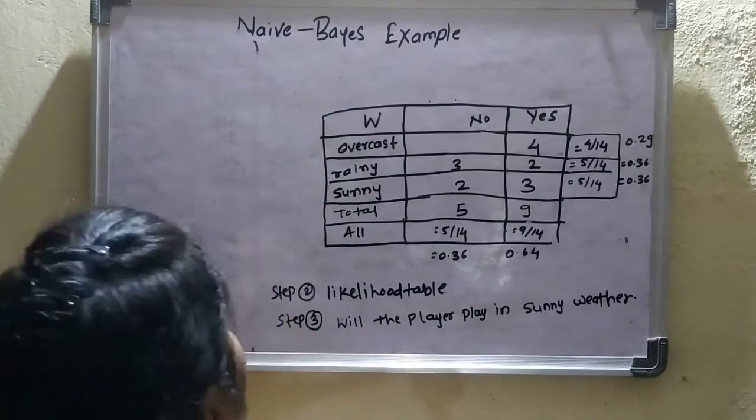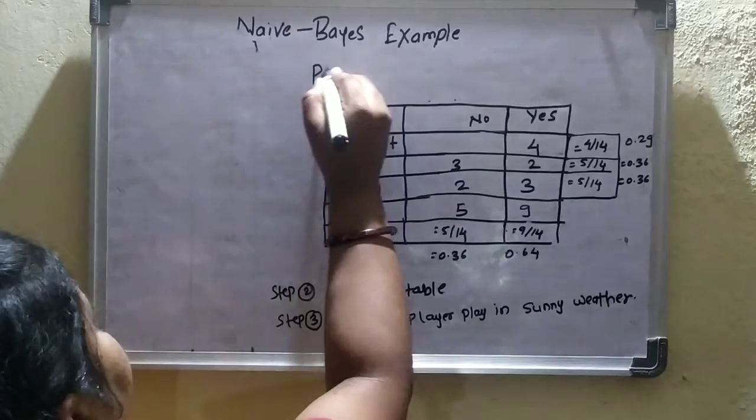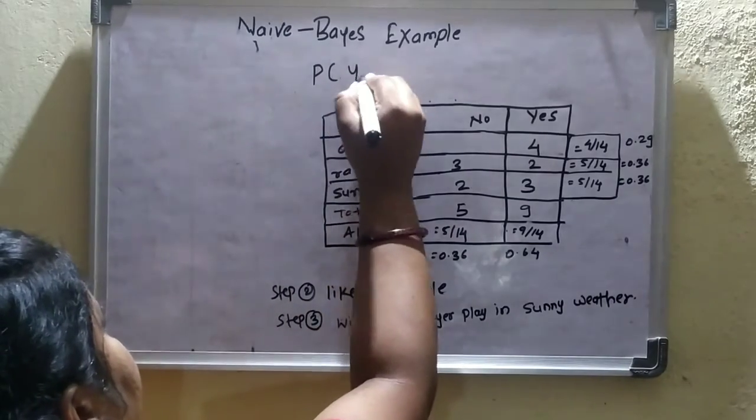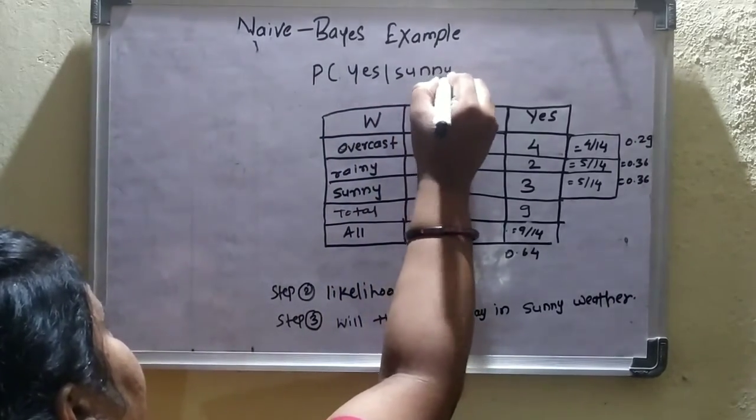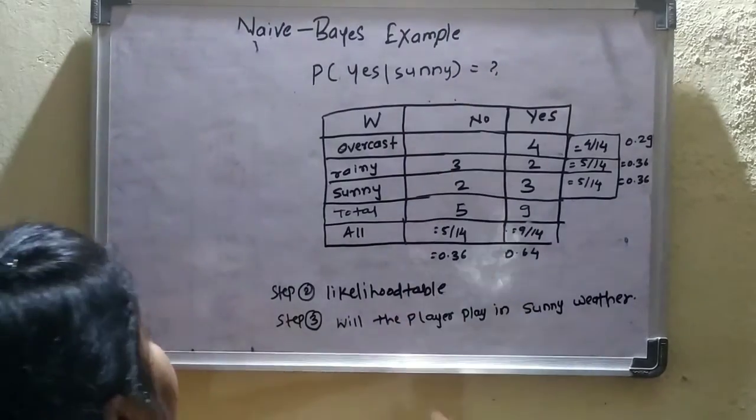Now we have to find the probability of yes given Sunny. So this is our question.